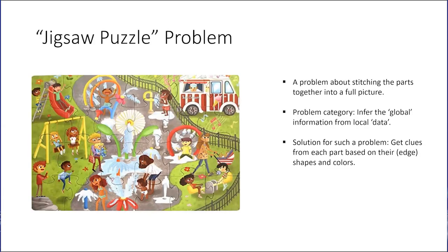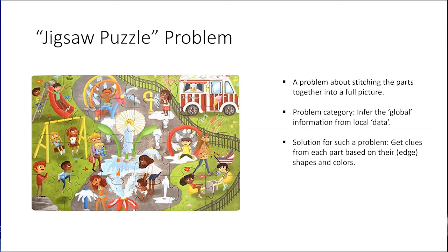This picture shows an example of the jigsaw puzzle problem. So as a summary, such a problem is about stitching the parts together into a full picture. And it belongs to such a problem category that is infer the global information from local data.